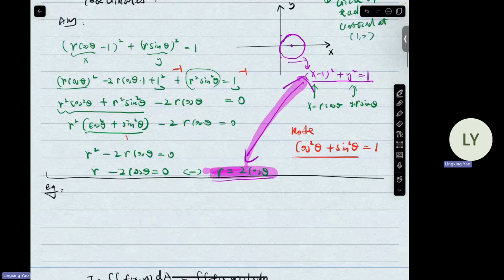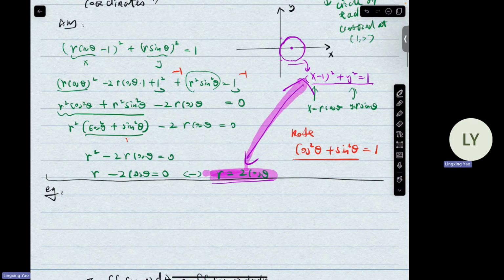Those will be very useful. But here, let's just introduce one example to illustrate the ideas of what we're going to do about the polar coordinates in terms of double integral.